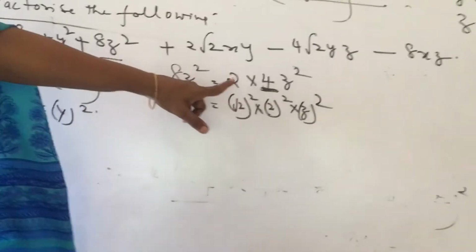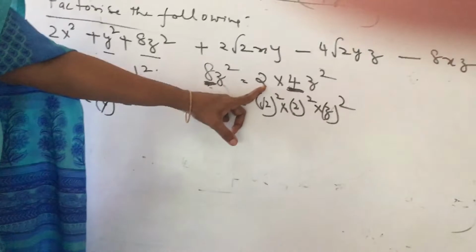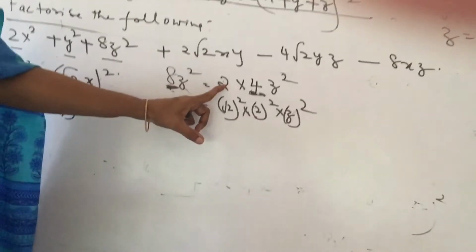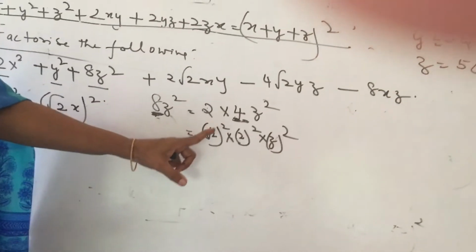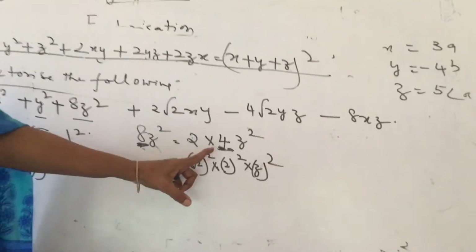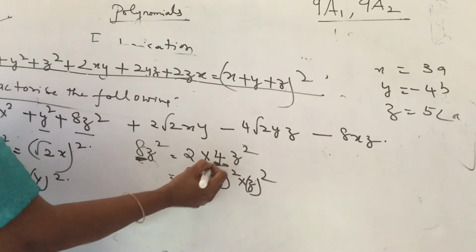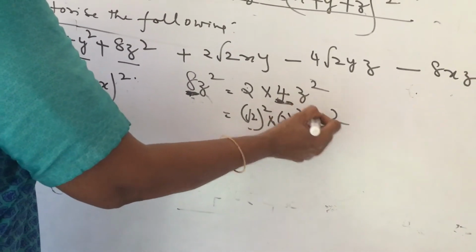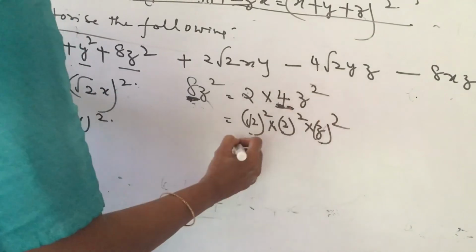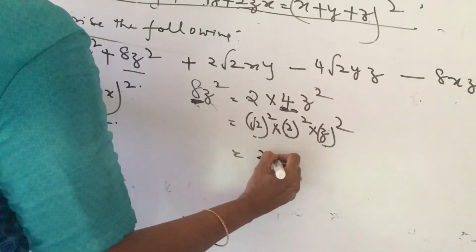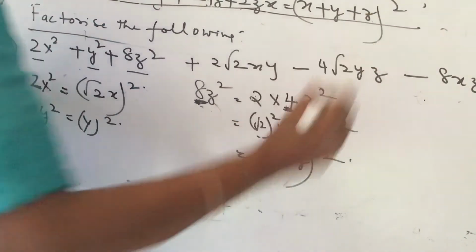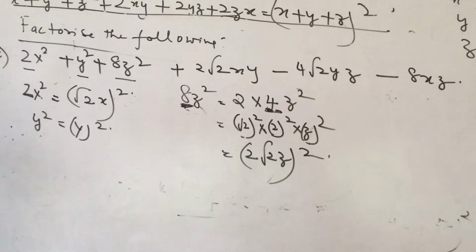How do we write 8z square? Don't get confused: 2 into 4. 2 as a square number: root 2 into root 2, root 2 the whole square. 4 as a square number: 2 the whole square into z square. So when you rearrange, children, your third term will be (2 root 2 z) square.